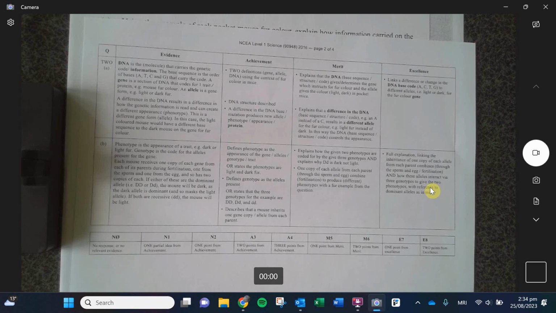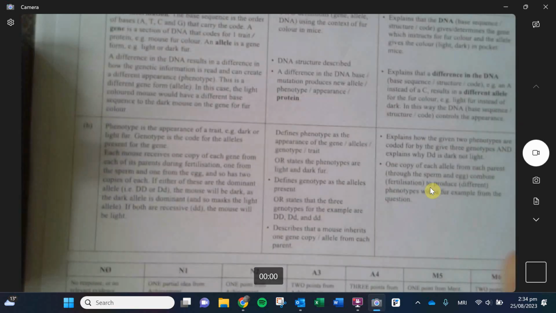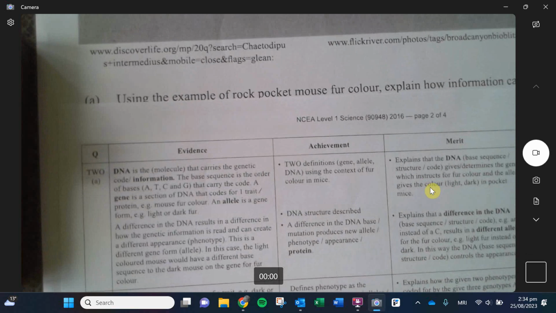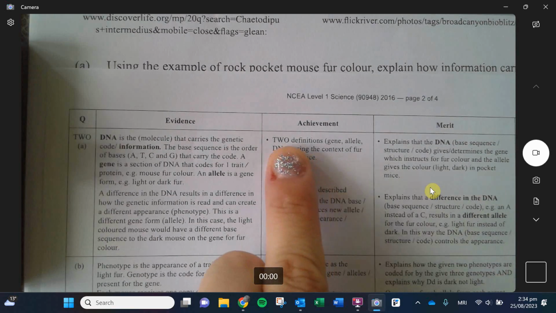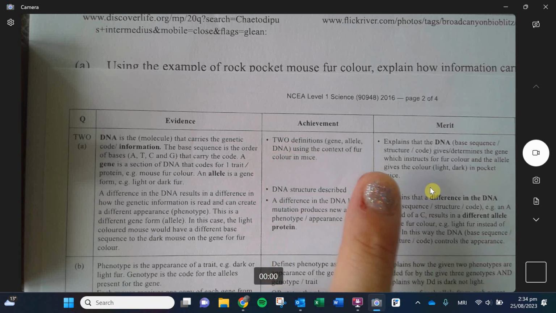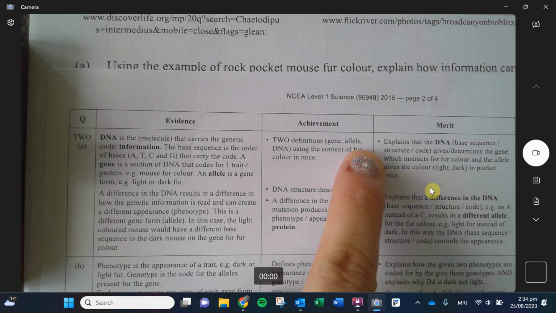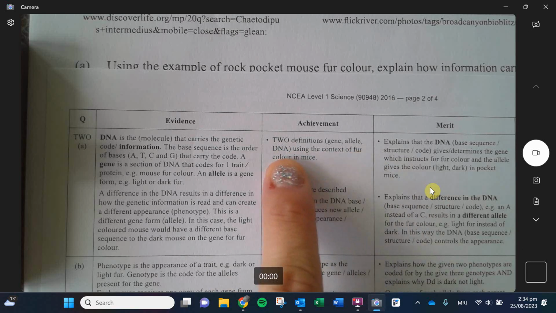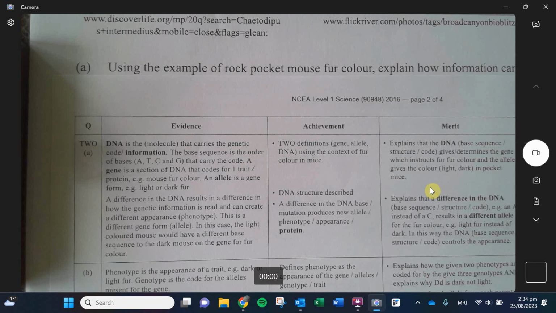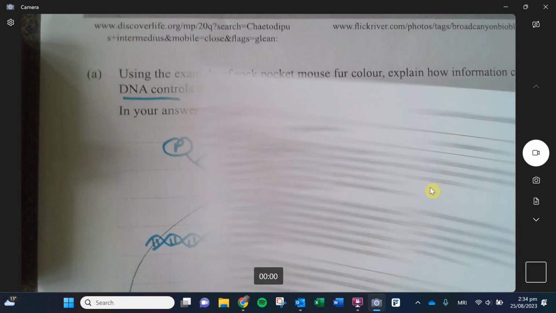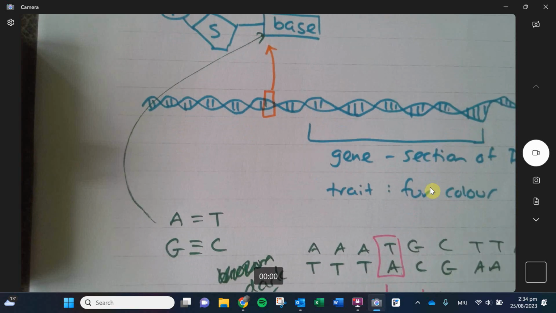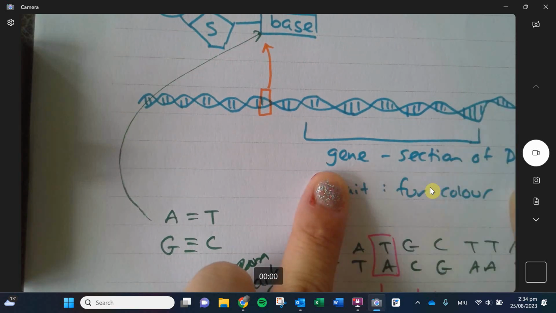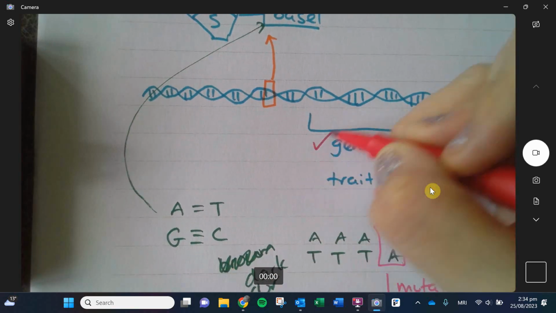Okay? Cool. So for this first question here, we've only done question A, which is fine. There was some achieved points. The first achieved point was that you have 2 definitions. So you define gene, you define allele, you define DNA using the context of the fur. What we can see in my answer is I have defined gene, a section of DNA, so that one's good.